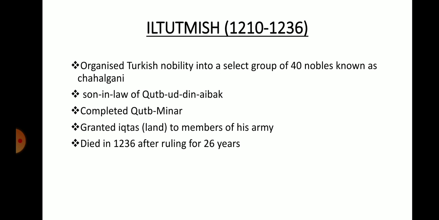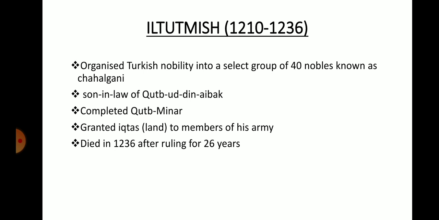He was a slave of Qutbuddin Aibak, so he is also called a slave of a slave. He was a governor general for Qutbuddin Aibak. Finally, Qutbuddin Aibak got Iltutmish married to his daughter, and he became the next king.